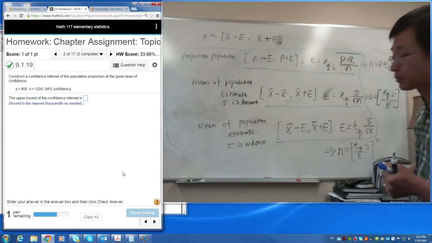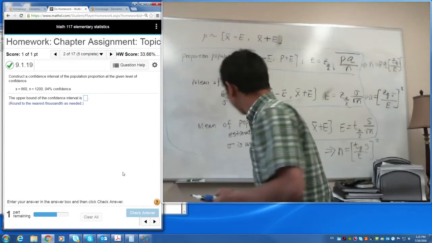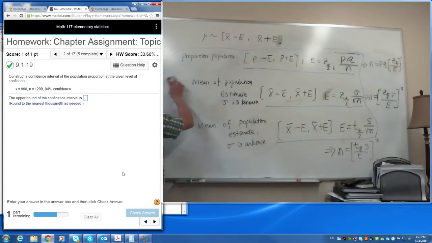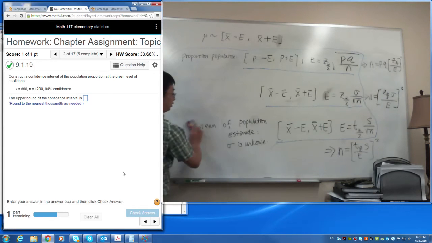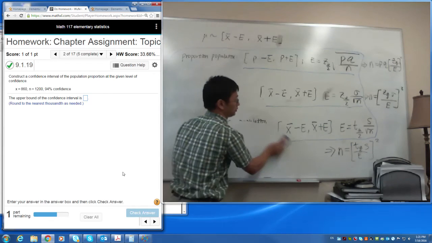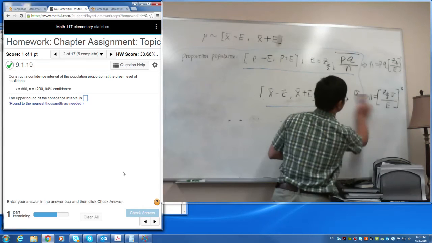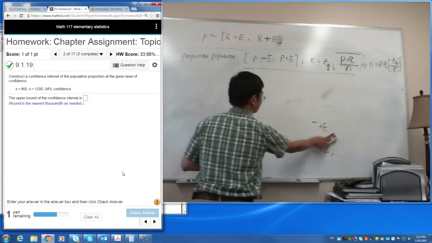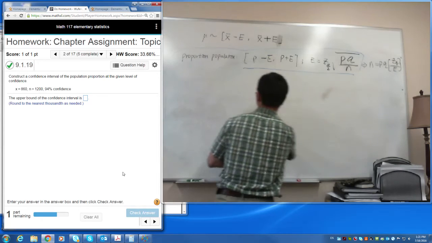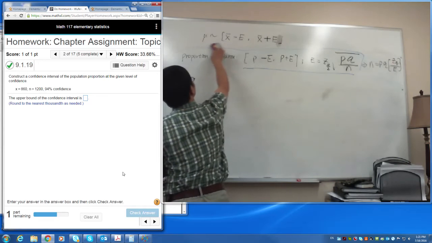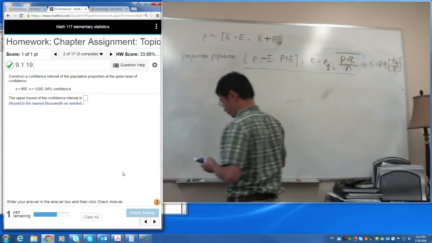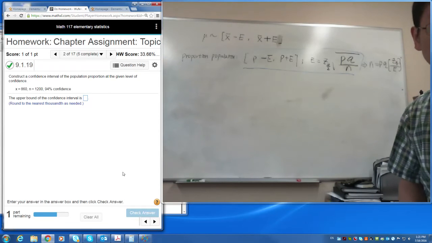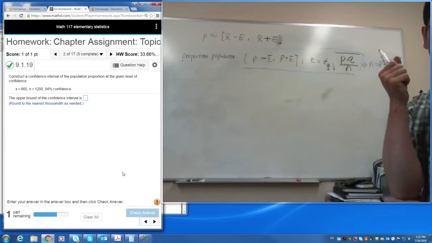Okay. Now, next one. Let's see one example. The first one is proportion population, the upper bound of the confidence interval.